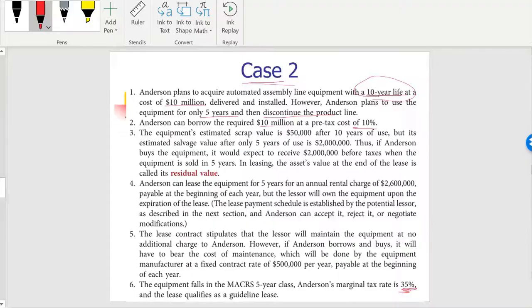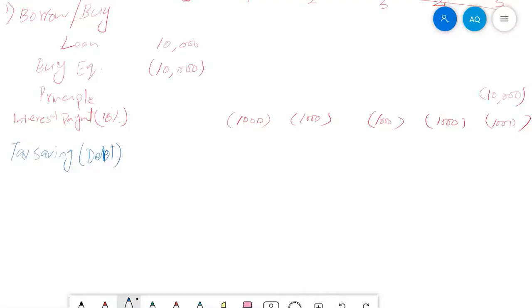So tax saving will be tax rate multiplied by interest. Tax rate is 35%, our interest is 1,000, therefore tax saving will be 350 each year.